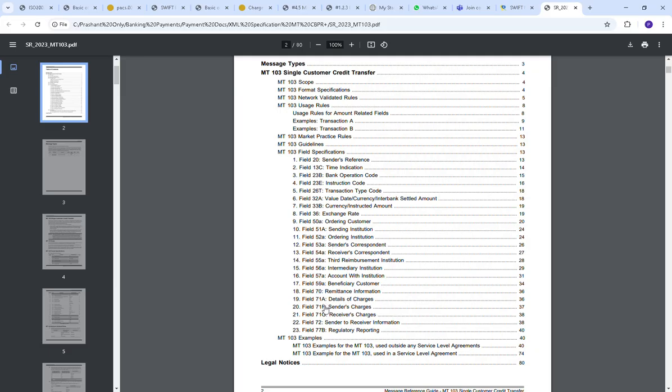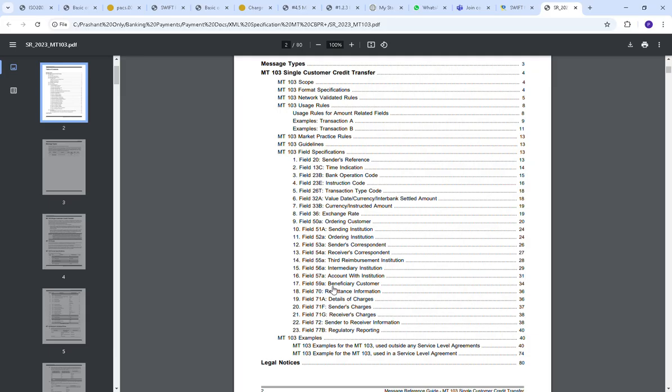The ordering customer is name only, no numbers. Then the next number, 52A, is the BIC code. BIC means your bank code. Similarly, if you look at number 16, 57A, it's the BIC code of the receiving bank. And 59A is the beneficiary customer. Got it?